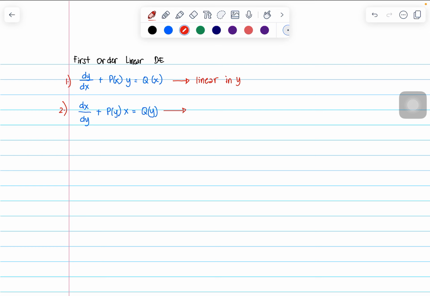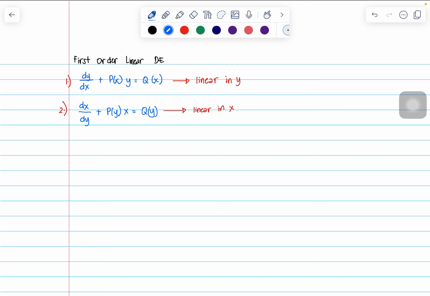So meaning it's linear in x. So when we say linear in x, meaning the highest degree or exponent of any variable, the x or the y variable, is 1, or a constant.